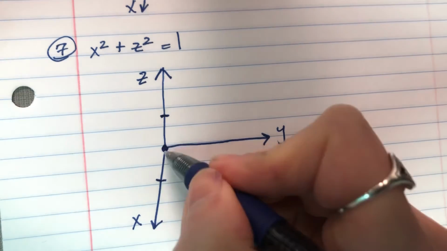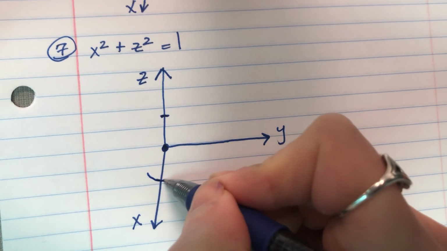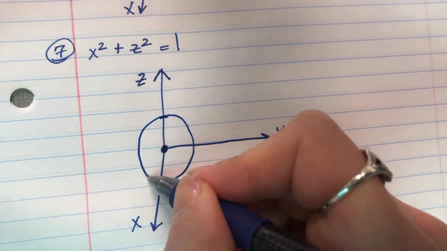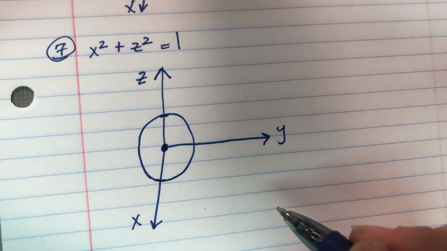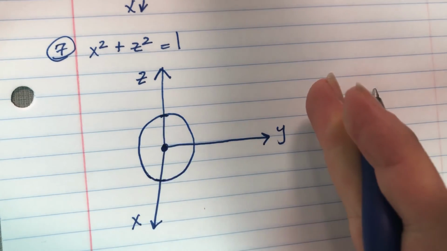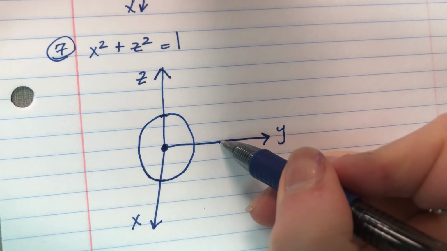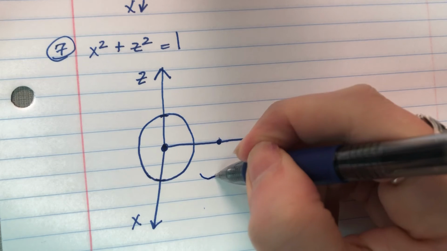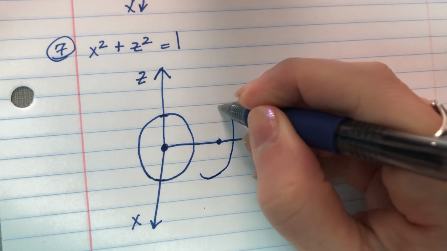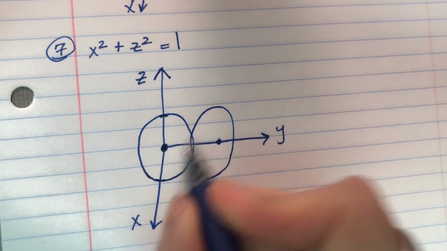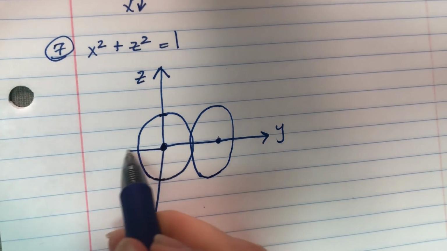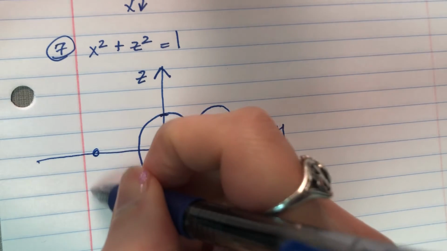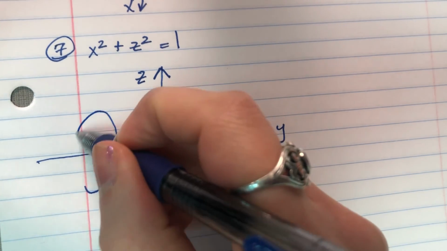So I'm making a circle here, but there's no restriction on y. So it could be more off to the side, like if I made another circle here, or if I made the negative y-axis and made another circle here.